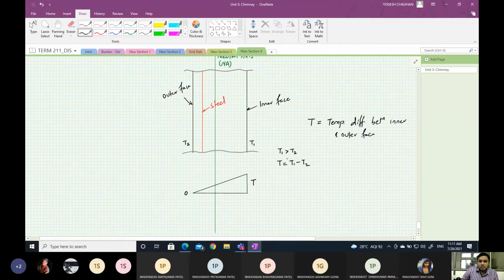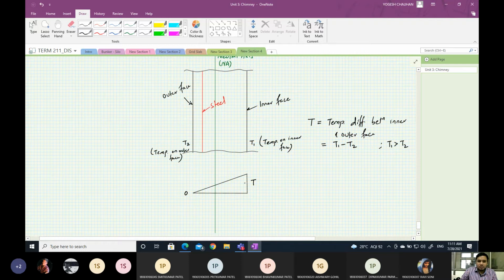This is actually the temperature difference, where T1 is greater than T2, or T1 is the temperature on the inner face, and T2 is the temperature on the outer face.